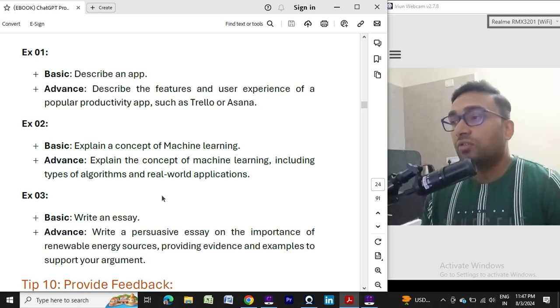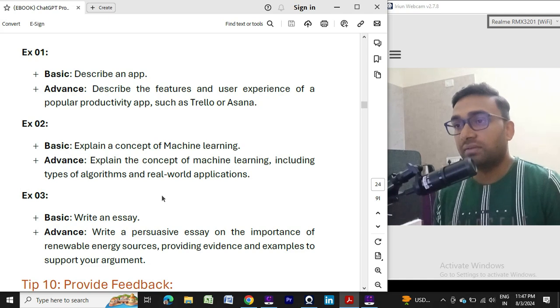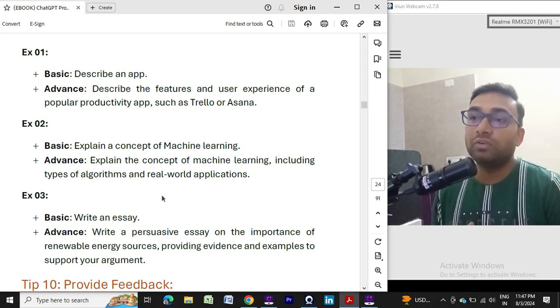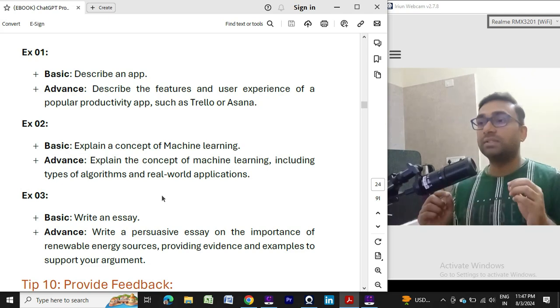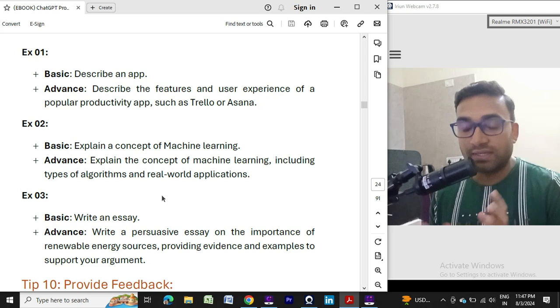So what I can write is: write a persuasive essay on the importance of renewable energy sources, providing evidence and examples to support your argument. Now my subject is the importance of renewable energy sources.